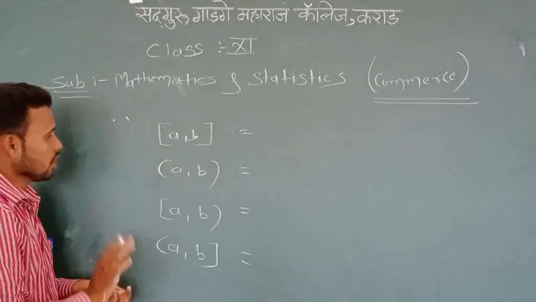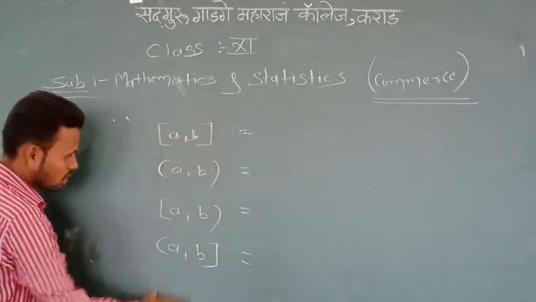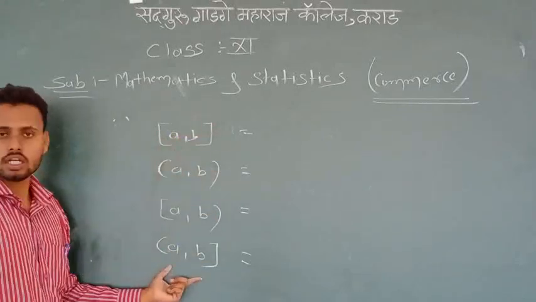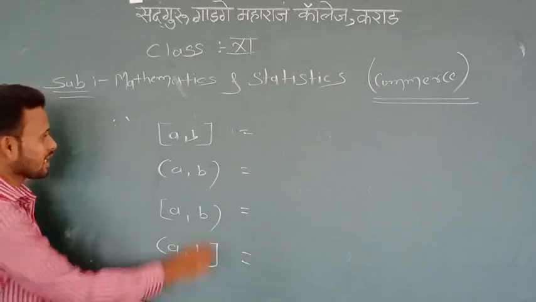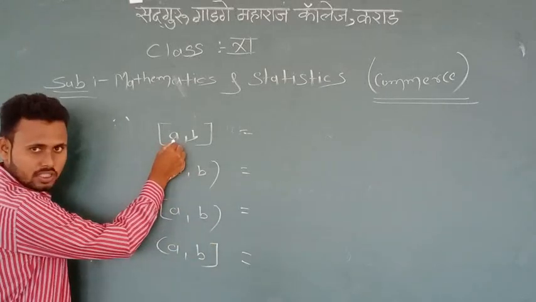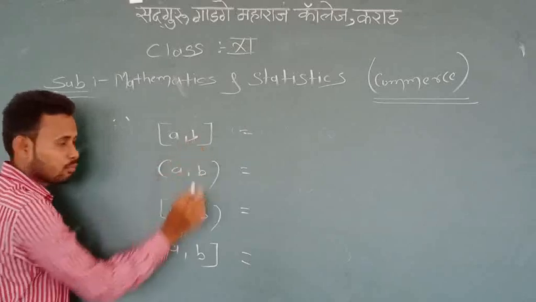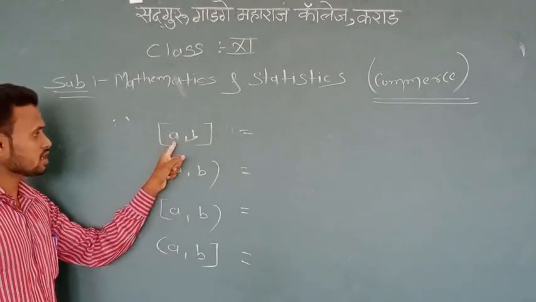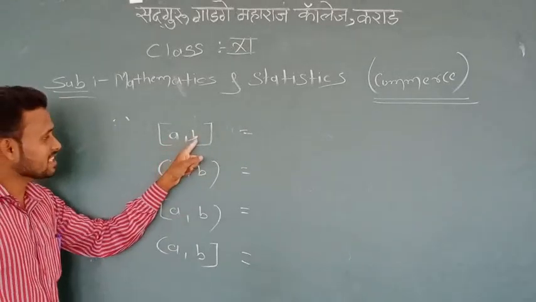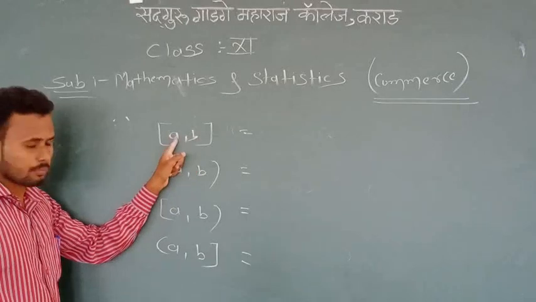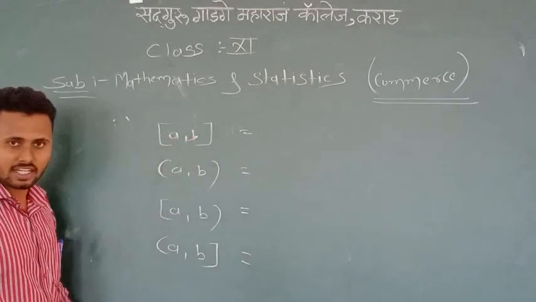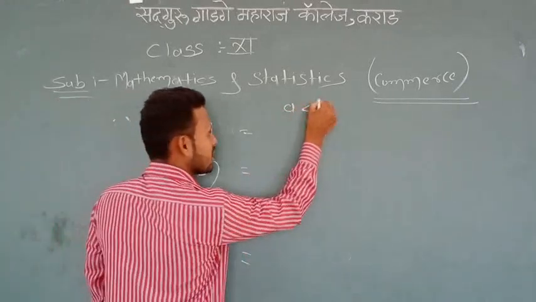The most important condition in these four intervals is that this is called the first component and this is called the second component. In an interval, the first component is always less than the second component, that is, a strictly less than b.